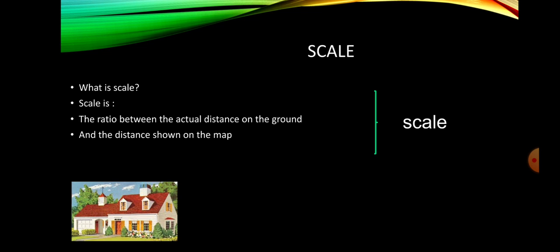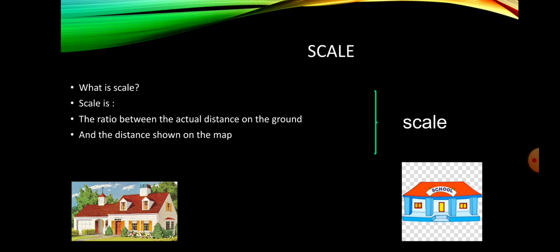Let us understand with the help of one picture. Here you can see, assume that your school and house are situated around 5 kilometers apart, which is the actual distance between your school and house.